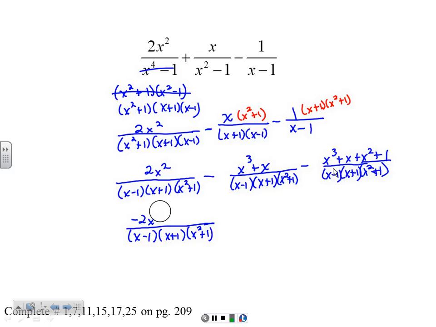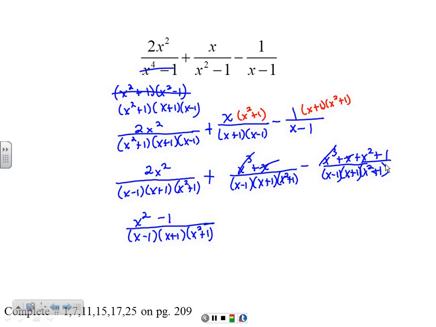I thought that looked a little weird. This is supposed to be a plus sign, so that helps a little bit. So if we have a positive x to the third minus 1x to the third, that's going to be 0. And then if we have a 2x squared minus 1x squared, that's going to be an x squared. And then if we have x minus x, those are going to cancel out. And then we have minus a 1.